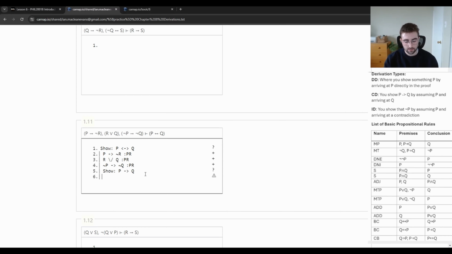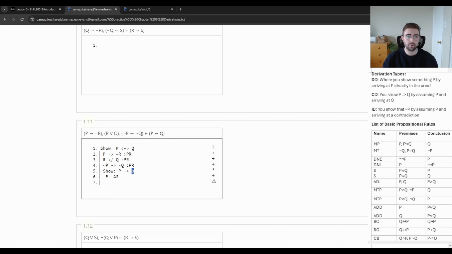So as always, when we're trying to show a conditional, we assume the left side, and now we got to get Q somehow. Well, with P we can get not R from modus ponens on this, right? So we will get not R from modus ponens using lines 6 and 2.